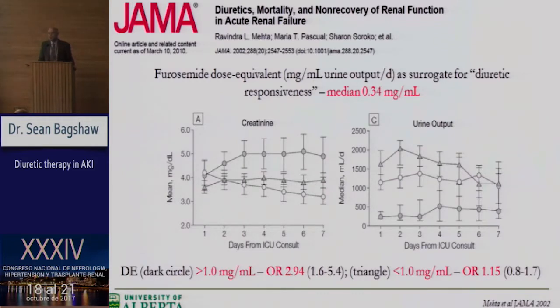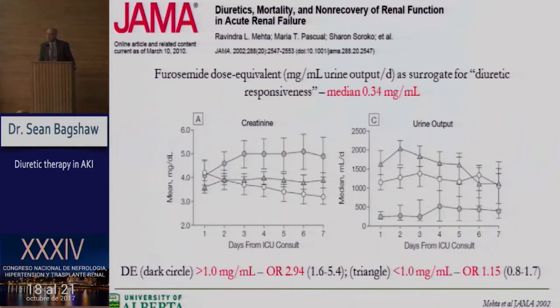equivalents. So for each milligram of furosemide delivered, how much urine output did they get per day, as a surrogate measure for diuretic responsiveness. Now, overall, the median was around 0.34 milligrams of furosemide per mL of urine that they received.